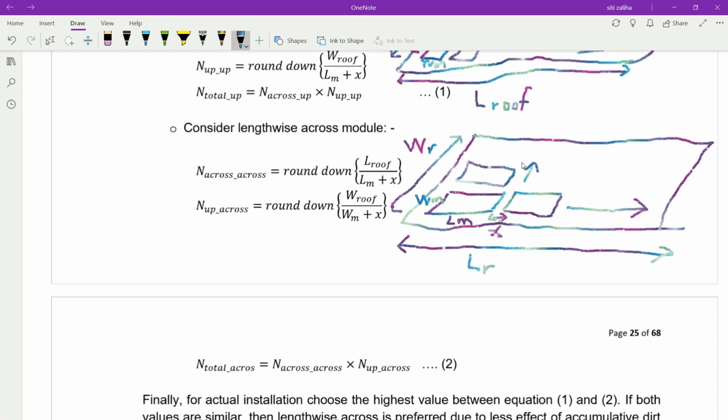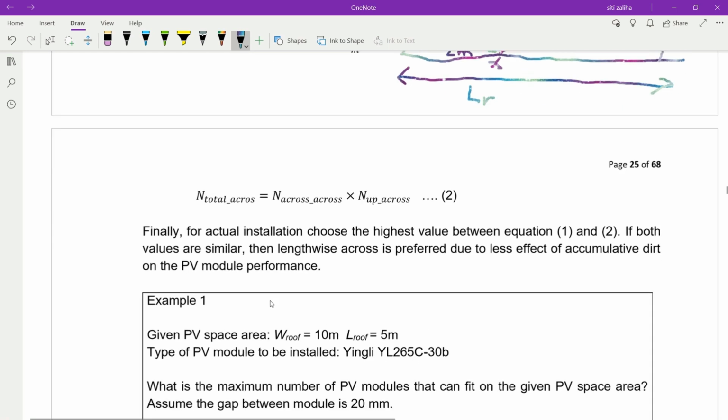And n up across, going up for lengthwise across, round down the width of the roof divided by the width of the module plus gap. So n total across equals n across multiplied by n up across. Finally, for actual installation, choose the highest value between equation 1 and 2. If both values are similar, then lengthwise across is preferred due to less effect of the accumulated dirt on the PV module.